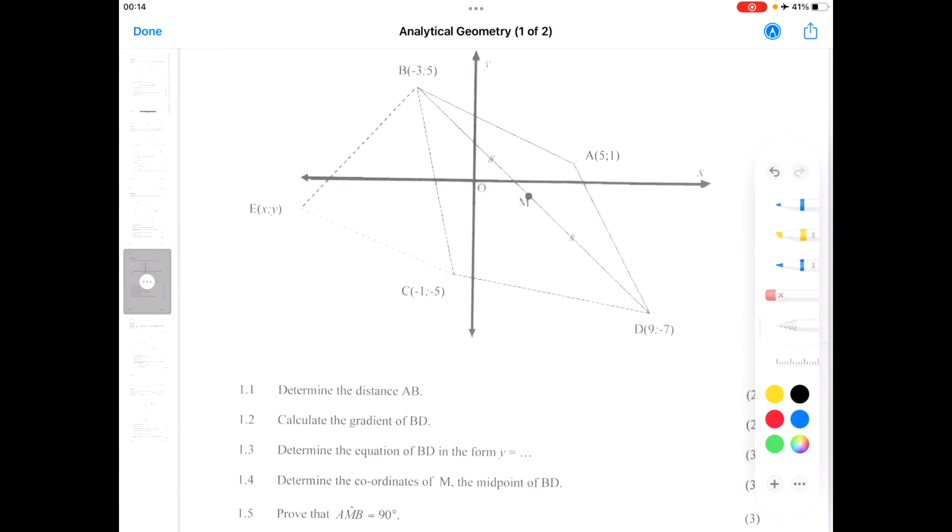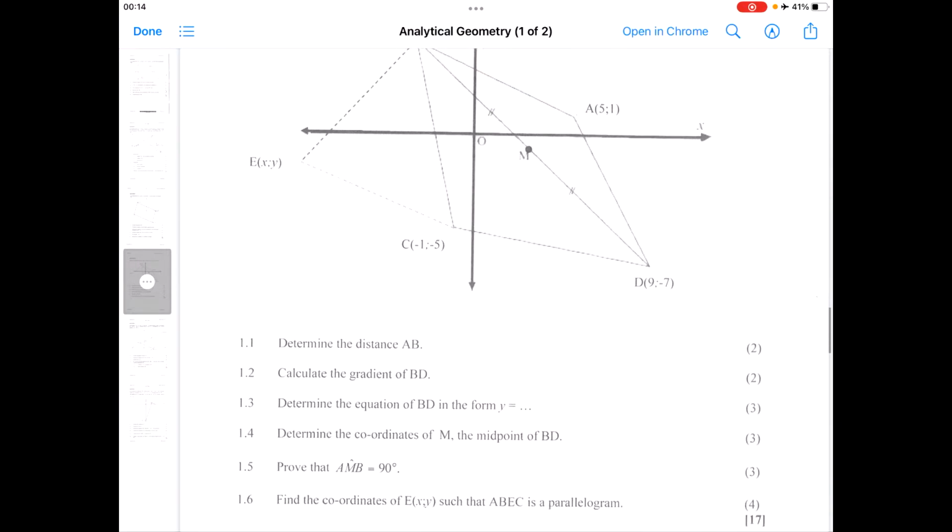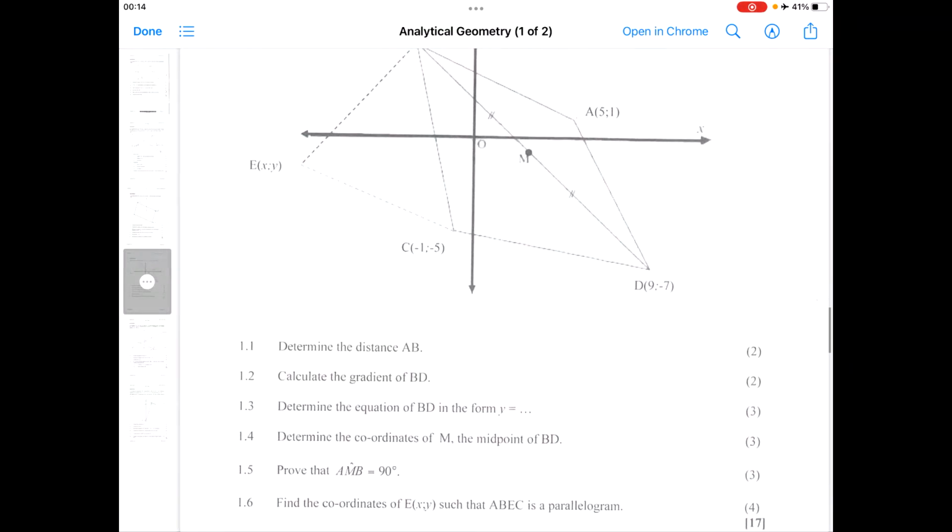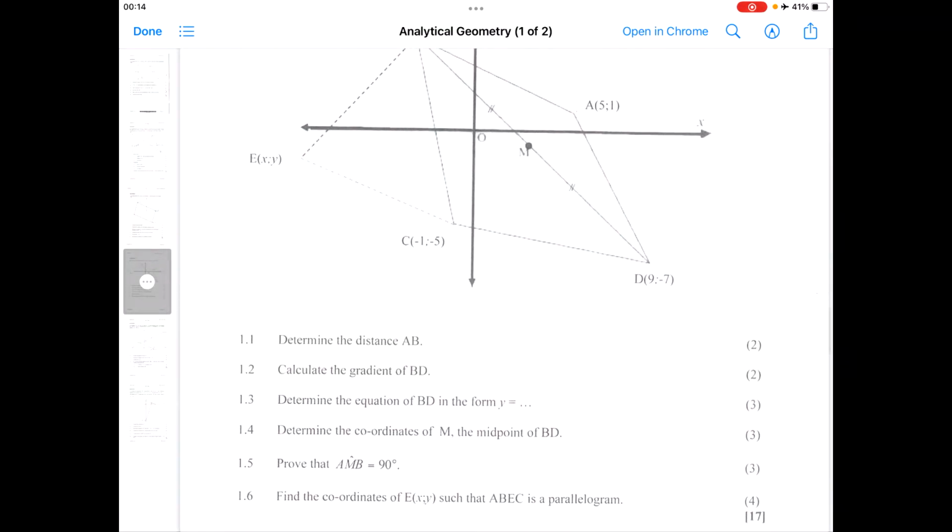to the last question. I will need to scroll. Yes, it is the last question, which says, find the coordinates of E. Where is E?